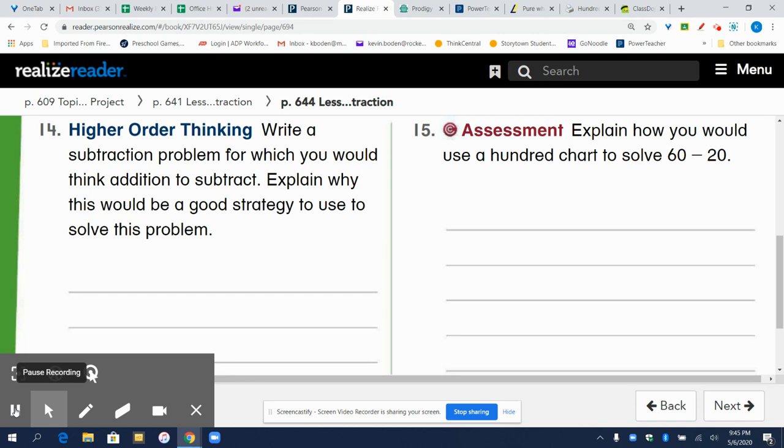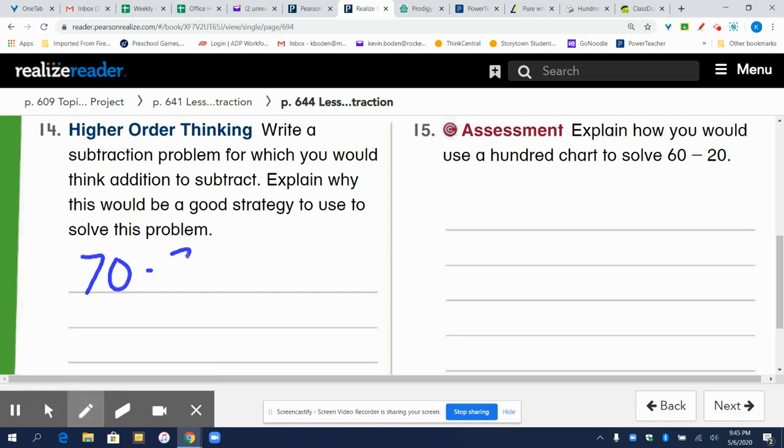So let's think about 70 minus 30 equals blank. So now instead of doing subtraction only, we can do related facts, and we can figure out an addition equation with those same numbers. So we can say for our subtraction equation, there's 70 in all, take away 30 equals blank.